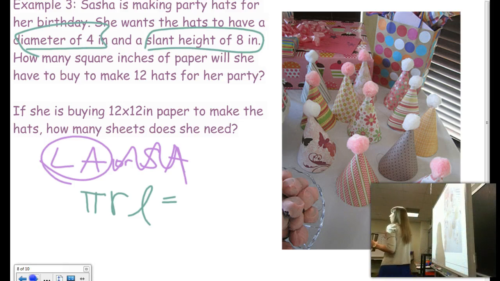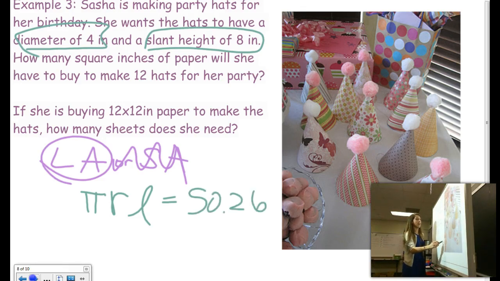When it's a real world problem, you can't go to the store and say, I want 3 pi sheets of paper. So for real world problems, you have to press pi. What do you get? 50.2 something. So that's for one hat, multiplied by 12.